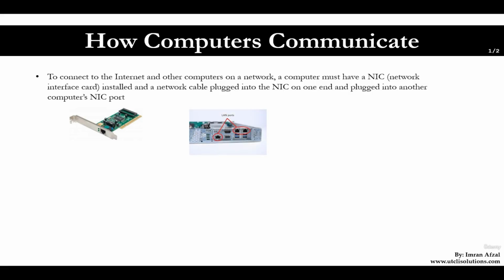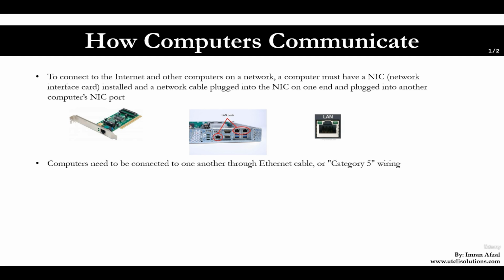It has these ports that are pointing on the outside of the computer, and inside is actually that card. And a closer look of that port is like this, which has two lights, a static or link light on it.